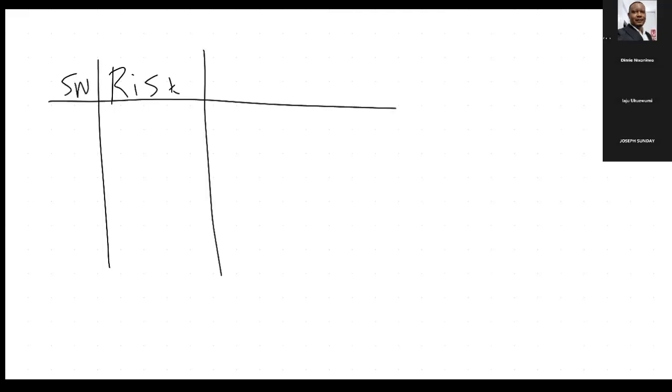So you have the risk column. As usual, maybe you have a serial number, then you have your risk column. Let's say, for example, we want to carry out a risk analysis to find out the probability, let's say we're developing an application, for example.